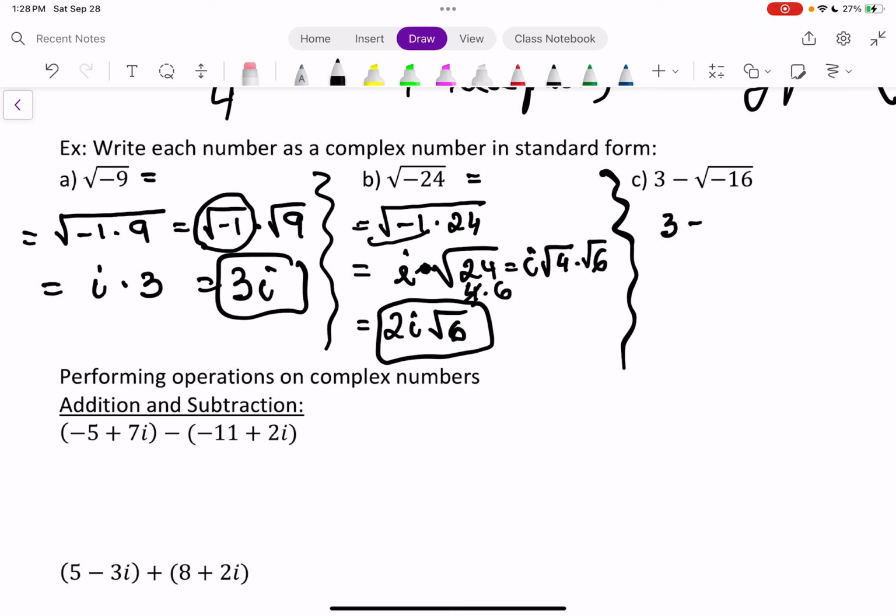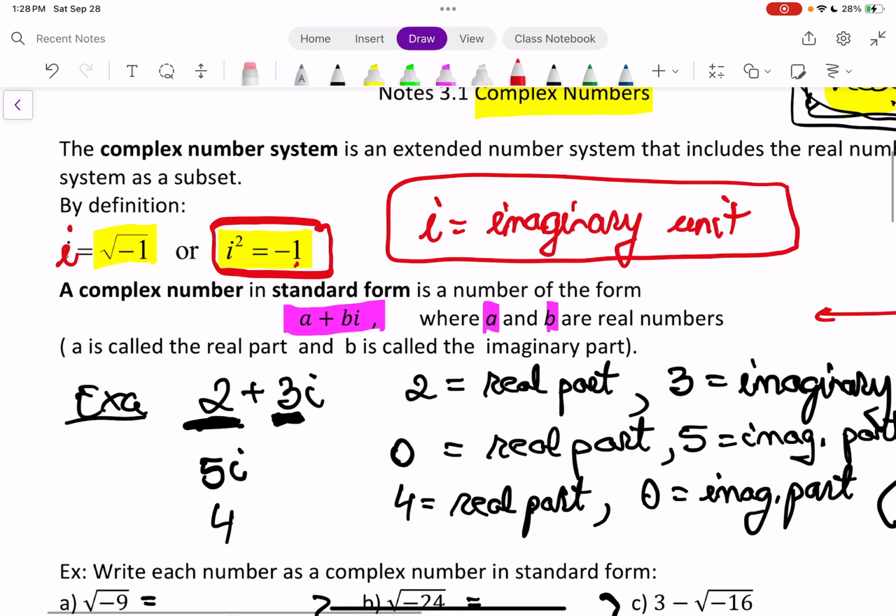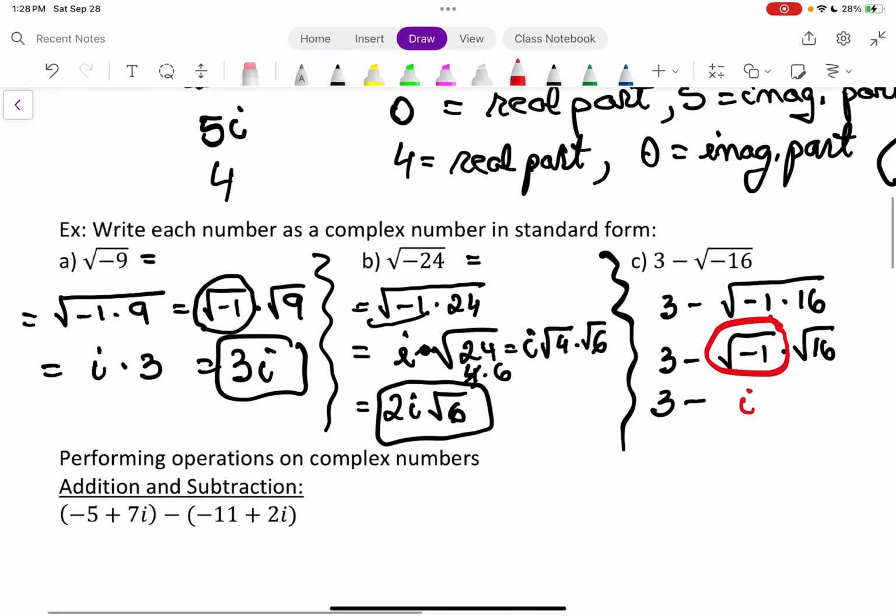Here is one more: the square root of -16. -16 is -1 times +16. I can write it out if you want. But again, the square root of -1 has the value i. That's what the square root of -1 is named, i.